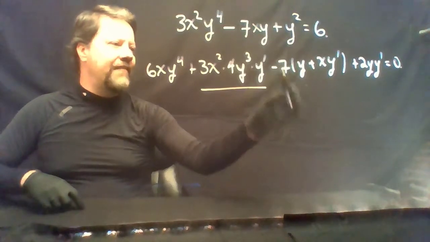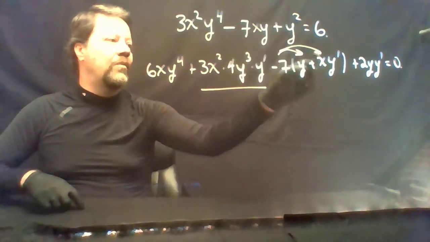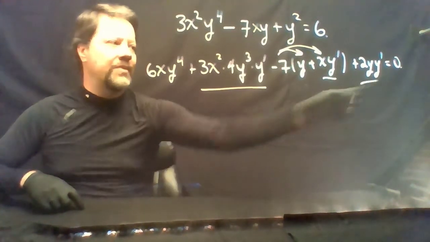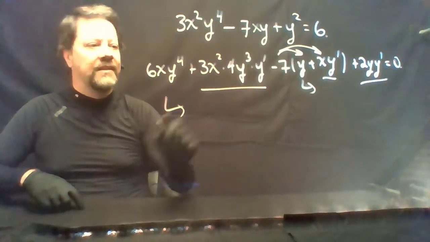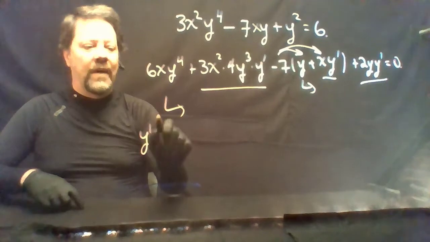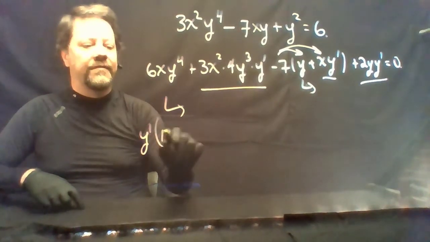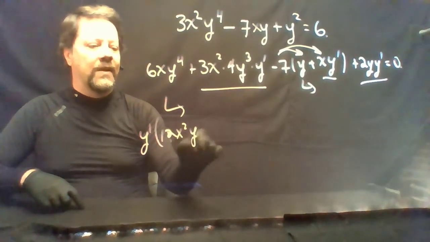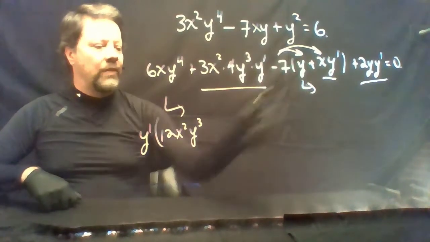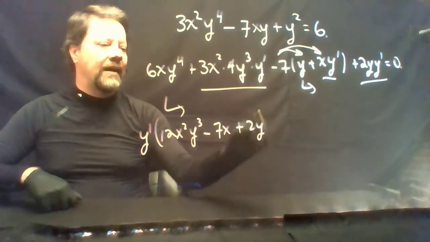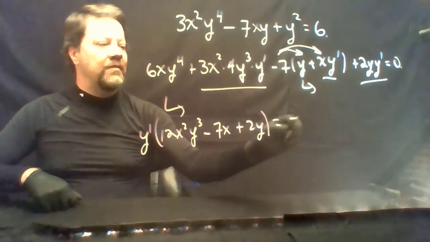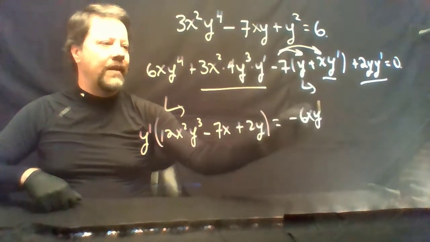The terms that have a y prime are the underlined terms. The other terms are going to have to go to the other side. So we'll have y prime times this 12 x squared y cubed, and then we'll have a minus 7x plus 2y, equals minus 6x y to the fourth.